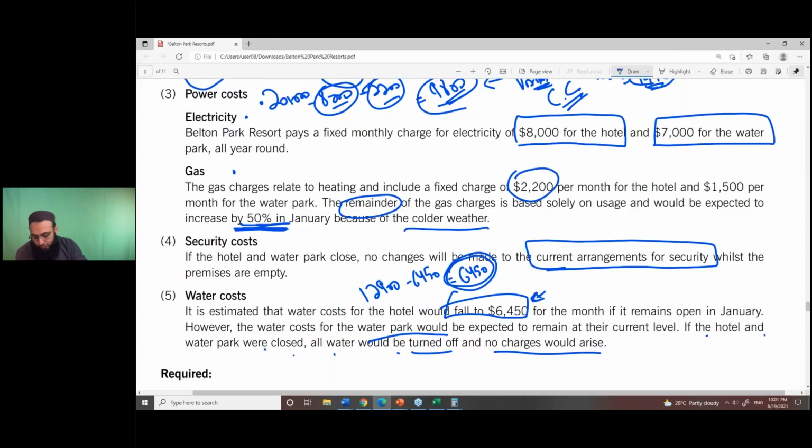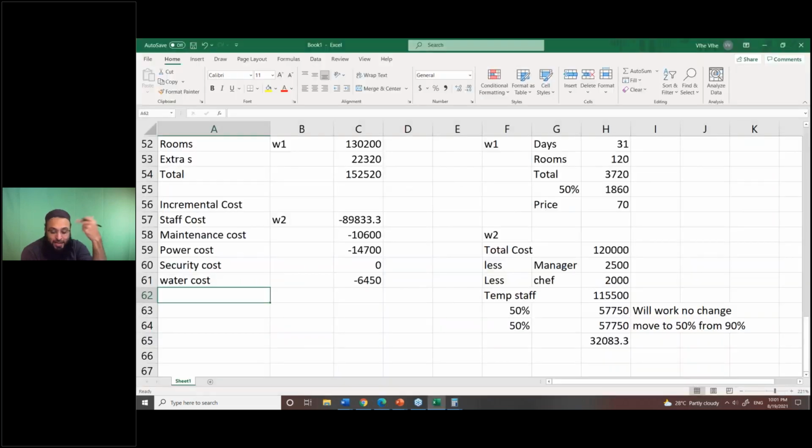Right, everyone? Do note down your questions if you have any. I'll answer once I work out the final figure. So it will remain at 6450 at any cost, which means what is additional that you are bearing is 6450.